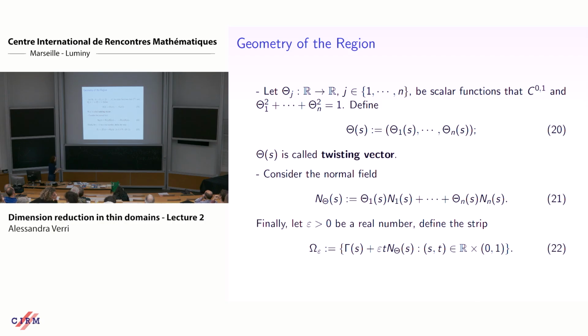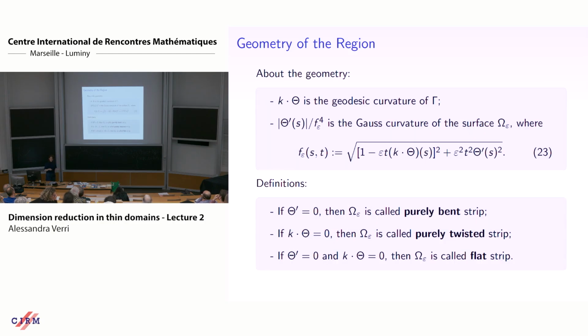To continue, here we have some definitions about the geometry of these regions. It's possible to see that k_theta is the geodesic curvature of gamma, the reference curve.